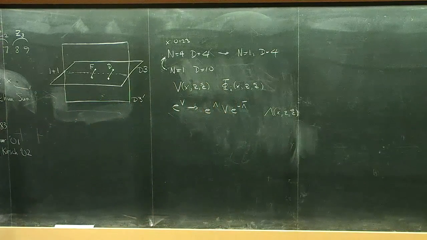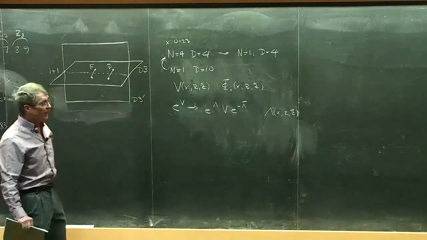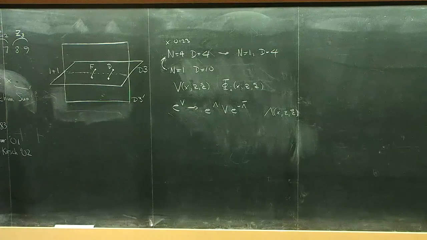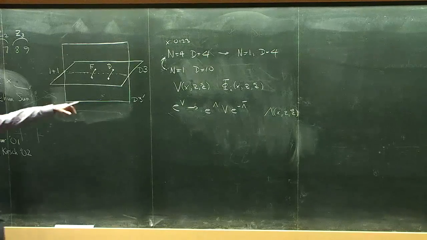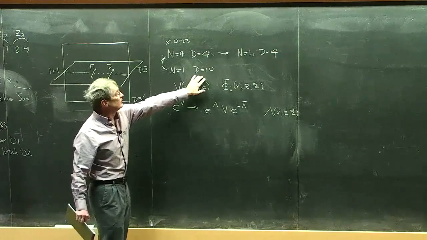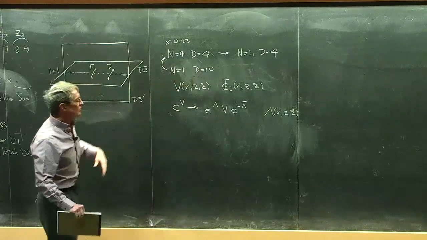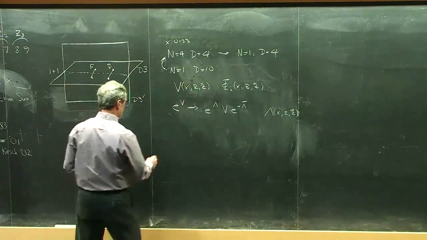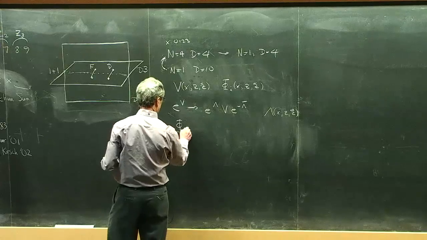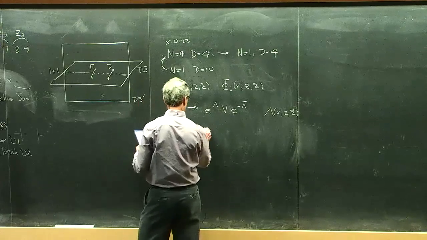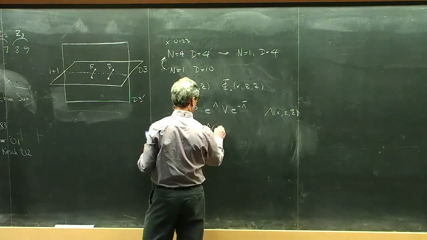But the chiral fields have a more complicated transformation, which you can expect because the chiral fields, after all, become the gauge fields in these extra 6 directions, in the z directions. And so they should transform like a gauge field. So phi sub I goes to e to the lambda.